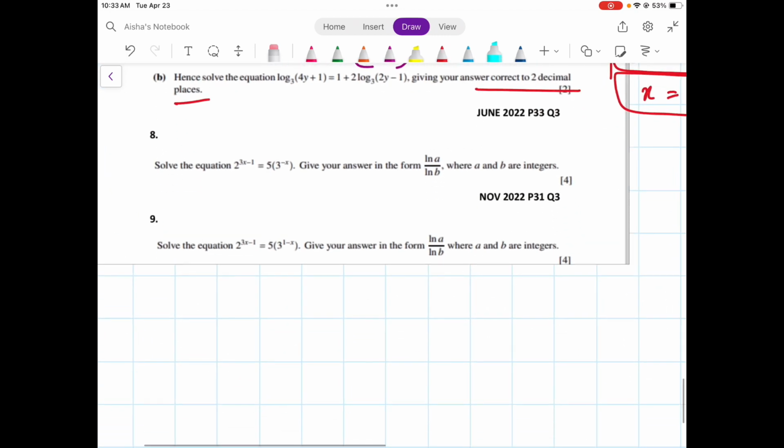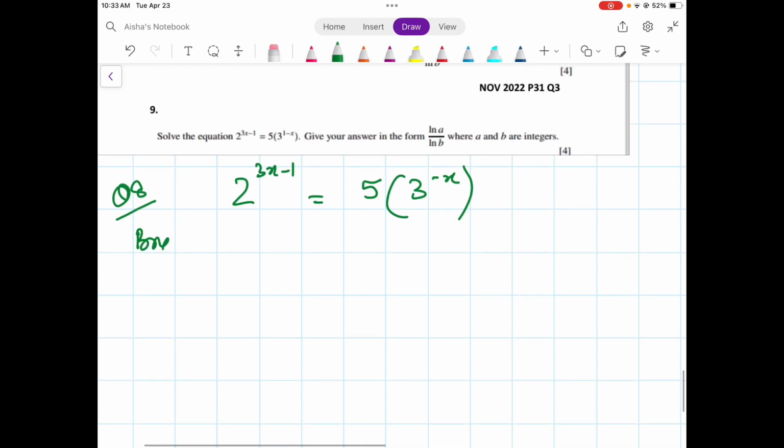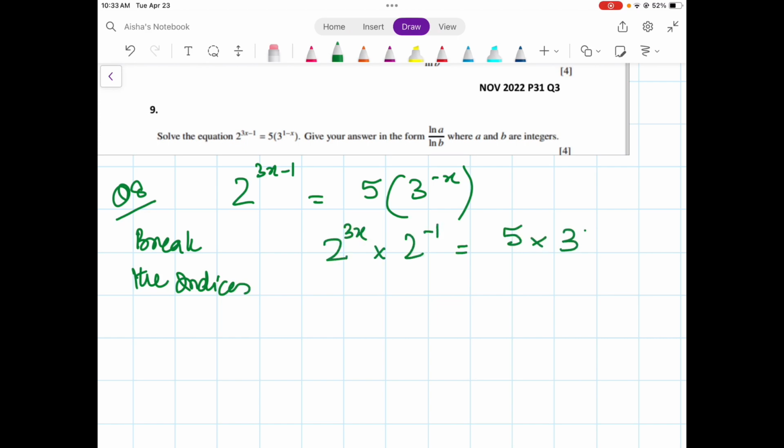Let's look at question number 8 now. 2 to the power 3x minus 1 equals 5 times 3 to the power minus x. Over here, we need to break the indices. Breaking means 2 power 3x into 2 power minus 1. 8 power x divided by 2, like it can be written in division as power 3x.